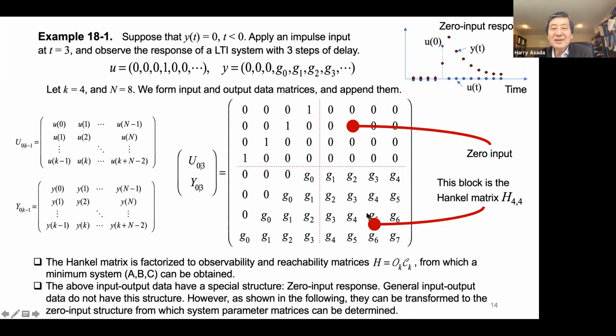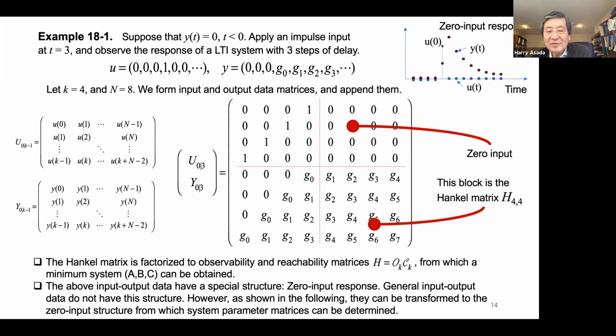So what is good then about the Henkel matrix? Because the Henkel matrix can be represented as the product of the observability matrix OK and the reachability matrix CK. And by taking the singular value decomposition of H, OK and CK can be determined separately.